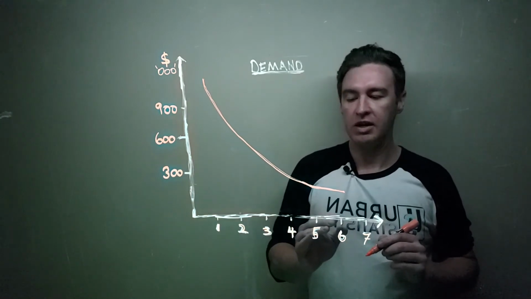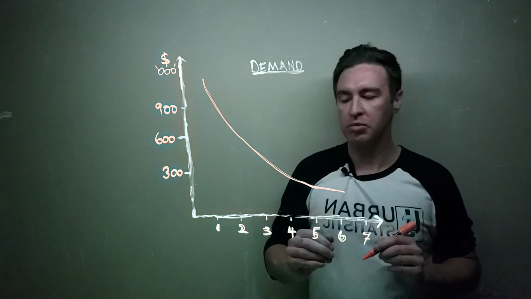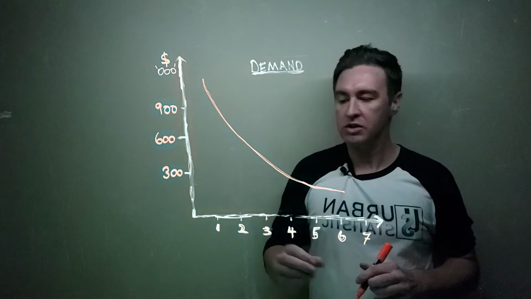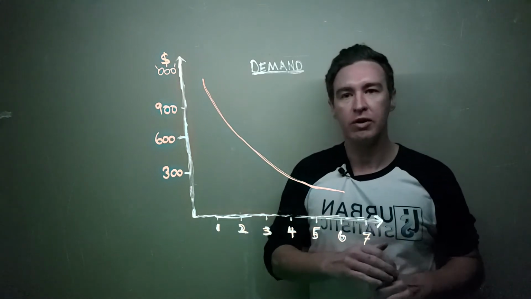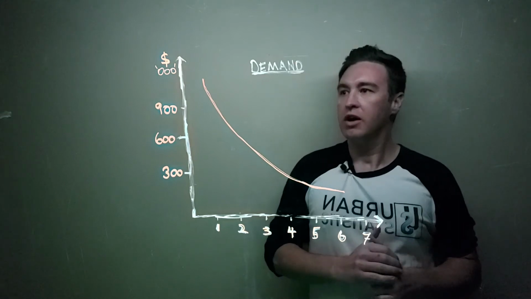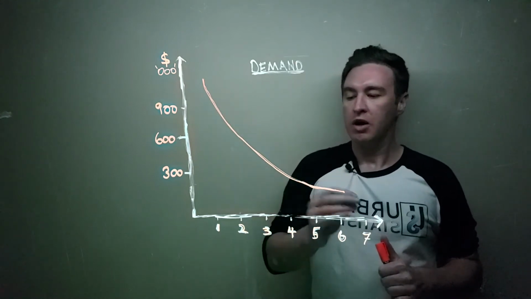And let's just say these are, I don't know, 3-bedroom brick veneer houses in a suburb that you know well. So this is the quantity demanded of 3-bedroom brick veneer houses in that suburb. You can see that it's downward sloping. And why is that?